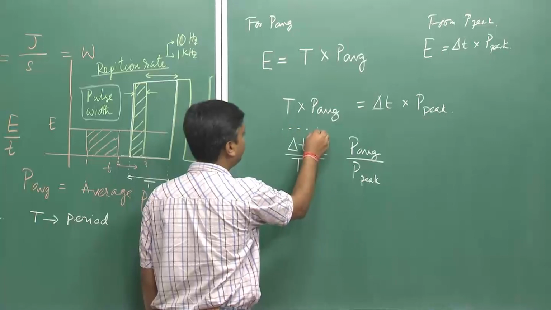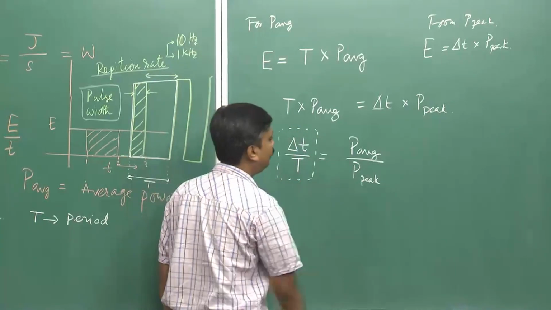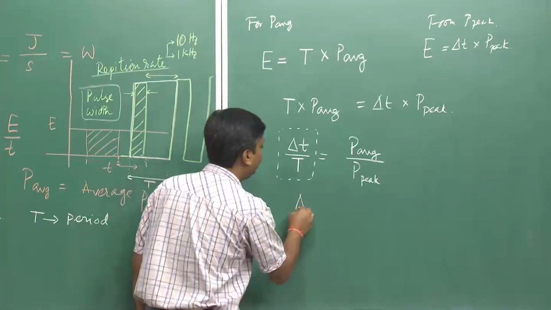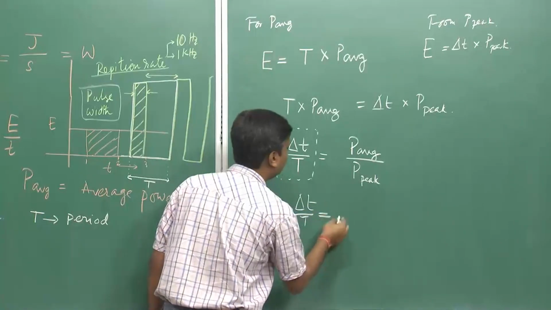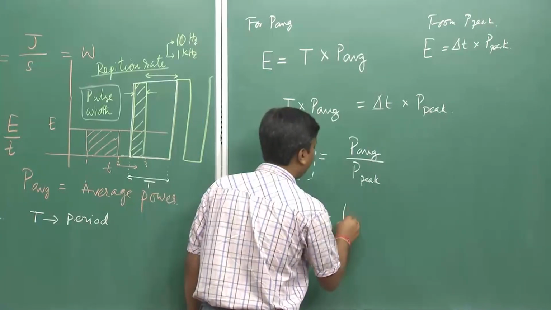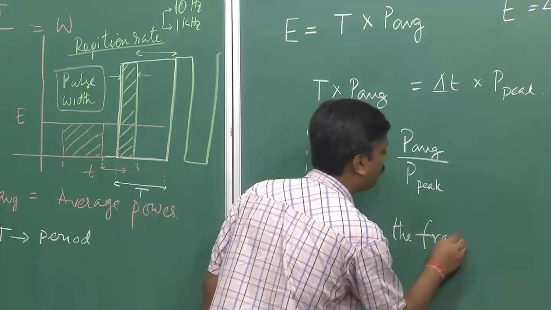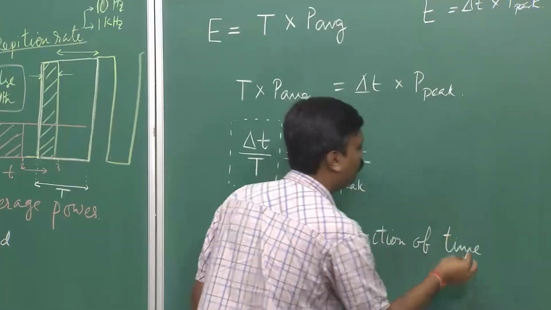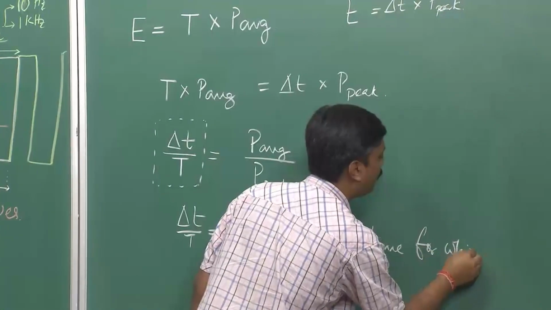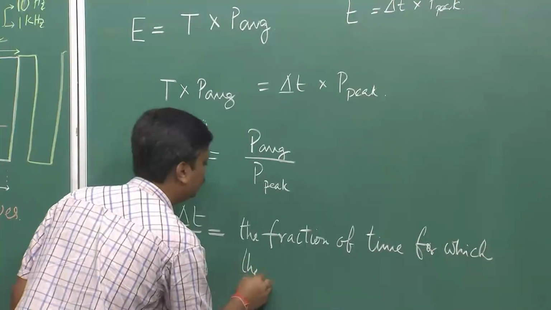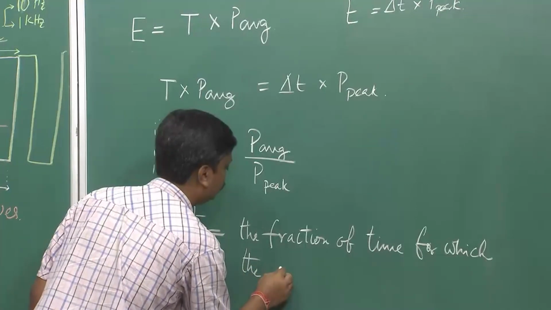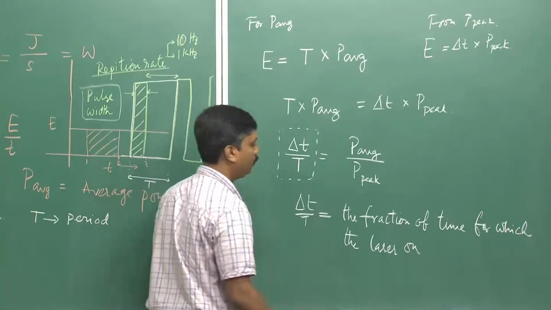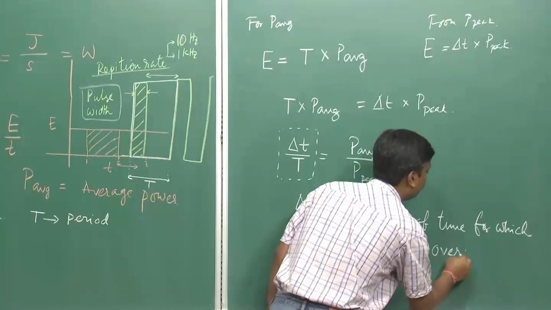This quantity delta T by capital T has a special name. What is this delta T by T? Delta T by T is essentially the fraction of time for which the laser is on over a period of time.